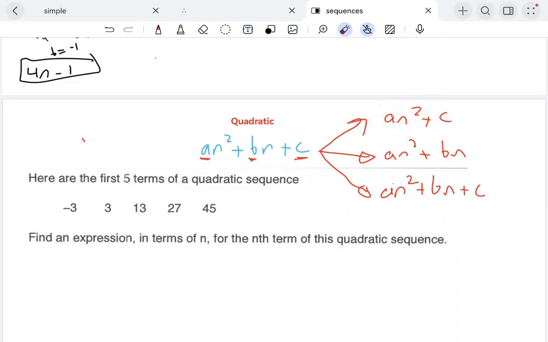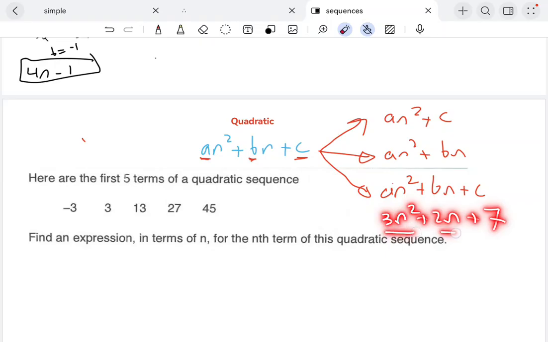For example, 2n squared plus 5. Only this. Or I could have an squared and bn. So it could be, for example, n squared plus 3n, and no constant. And maybe I have all of them: 3n squared plus 2n plus 7.